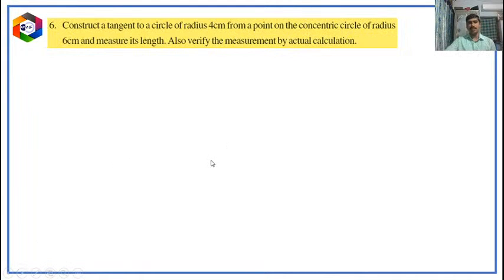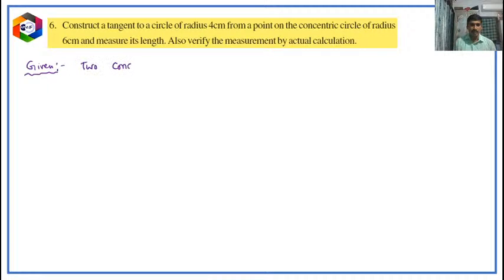Again, construct a tangent to a circle. Again there is a construction: a tangent to a circle of radius 4 centimeters from a point on the concentric circle of radius 6 centimeters, and measure its length, and also verify the measurement by actual calculation. So in this question also, again two circles, but the two are concentric circles.